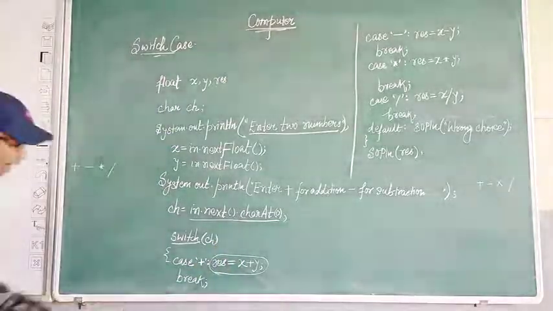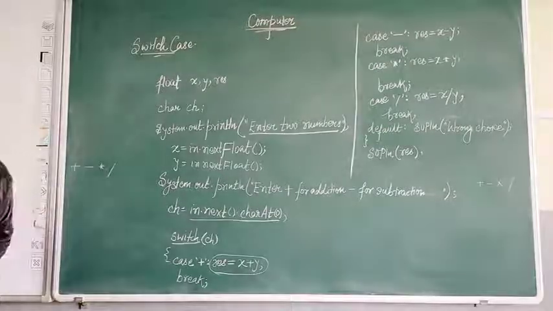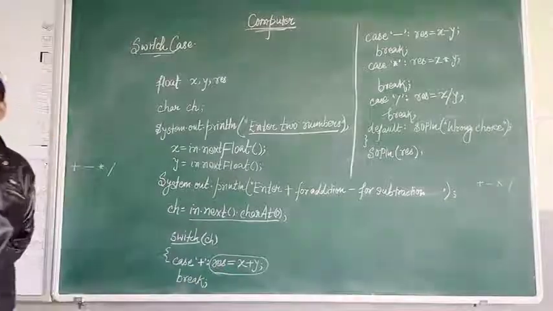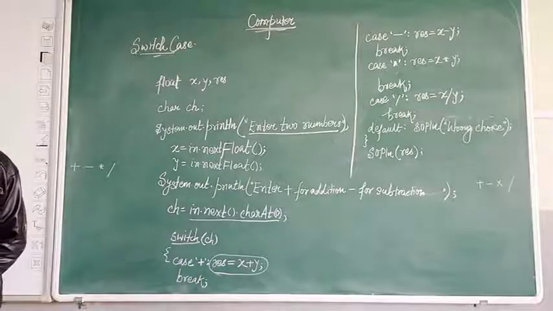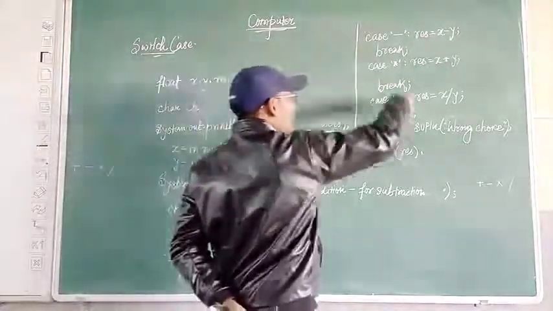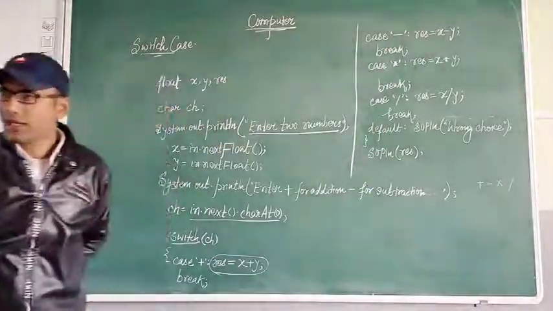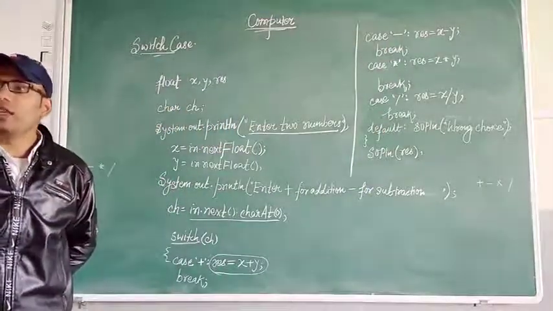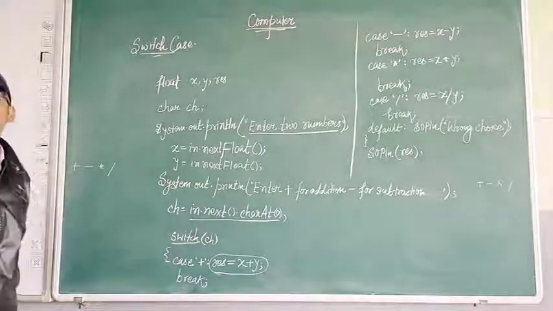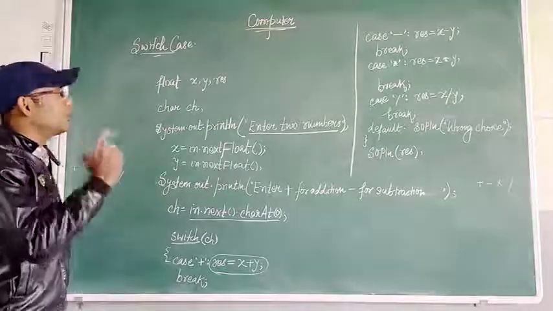After that, break. Break means what? If addition is executed, that means the user wants addition to be done. He does not want all this useless part. His option is addition. He wants to add the two numbers.